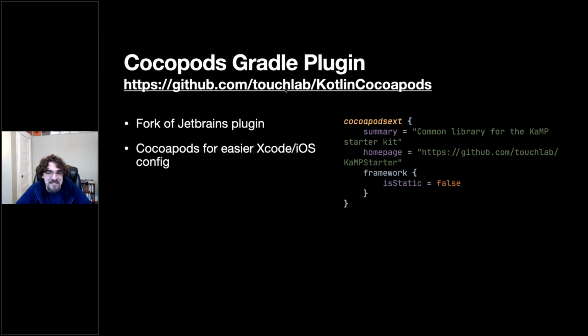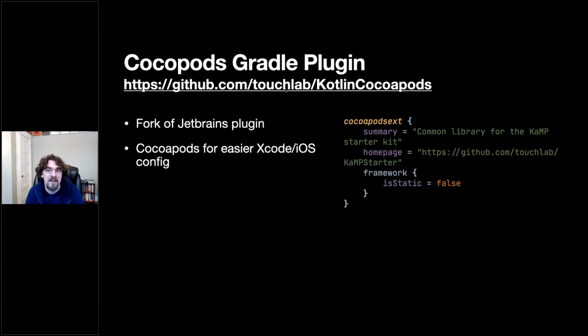There were two different ways you could do it in different samples for a long time. CocoaPods helps handle that all more seamlessly under the hood. Unfortunately, with the JetBrains plugin, you can't really configure the framework that it generates.